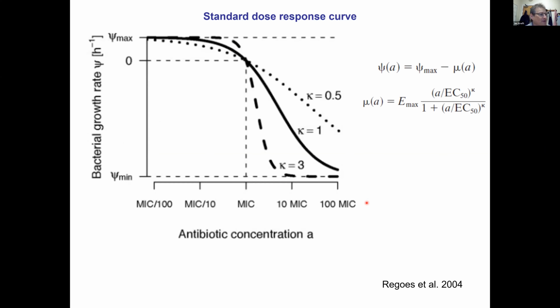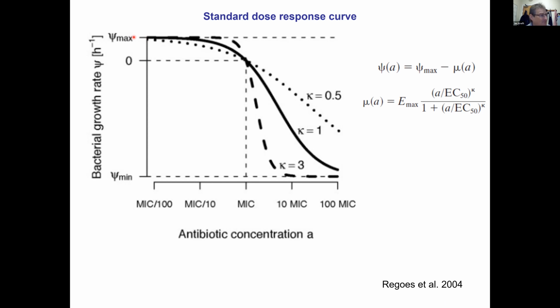So a dose response curve typically looks like this. You have a maximal specific growth rate here. It's called psi max rather than mu max, but it's the same thing. If there is no antibiotic or antimicrobial present, so we're here on the axis, we have this maximal specific growth rate. Remember, this does depend on other factors like substrate concentration and temperature.